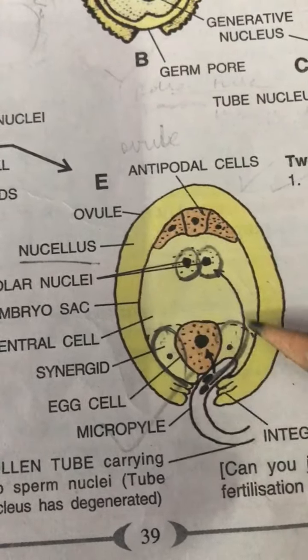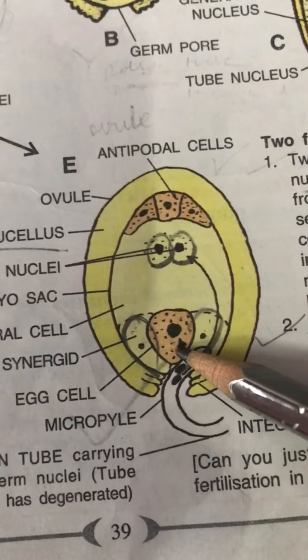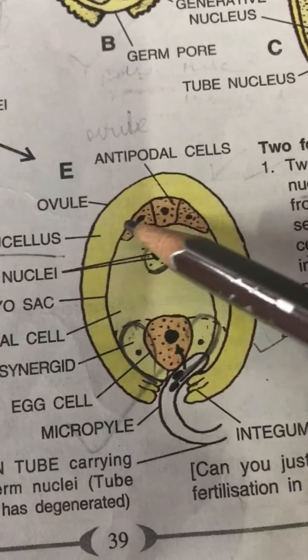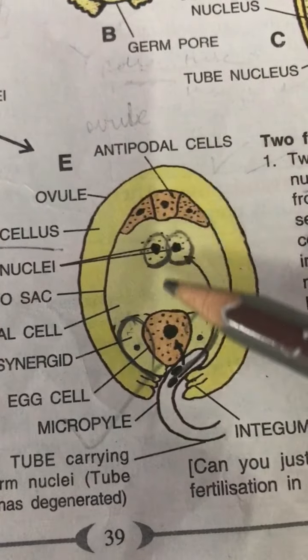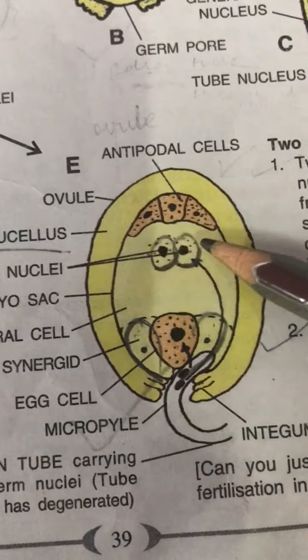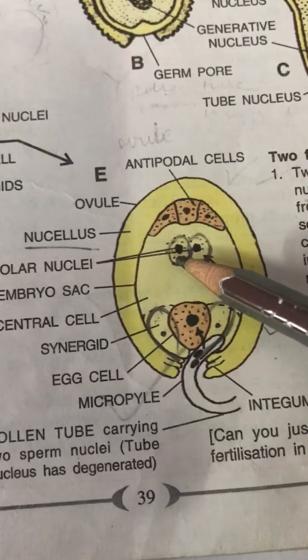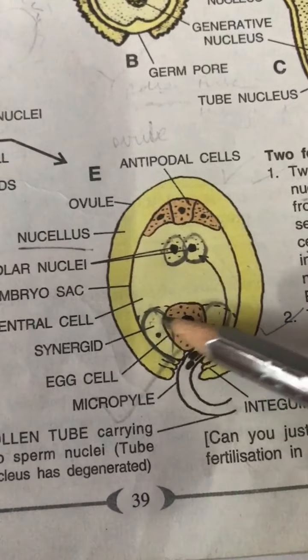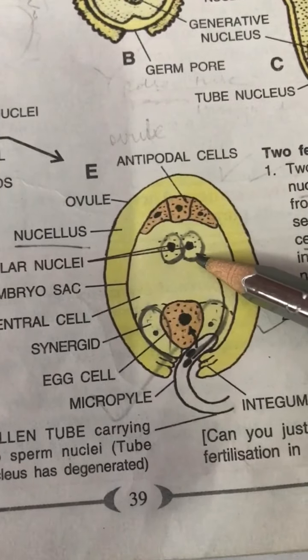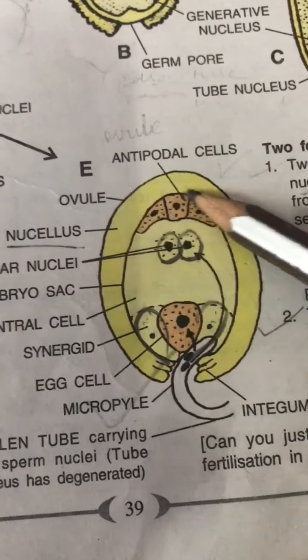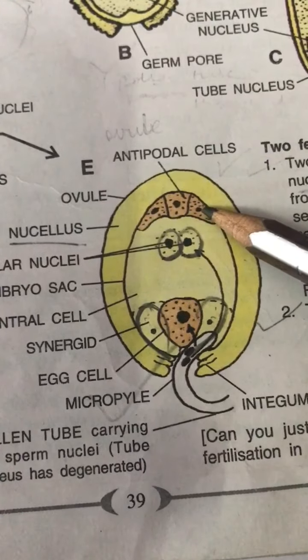This whole thing is called the egg apparatus. Opposite to this are present 3 cells which are called antipodal cells. And in the center there are 2 nuclei called polar nuclei. So egg cell, the synergids making up the egg apparatus, the 2 polar nuclei in the center and the 3 antipodals on the other side.